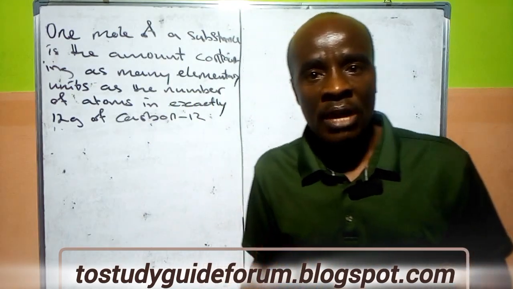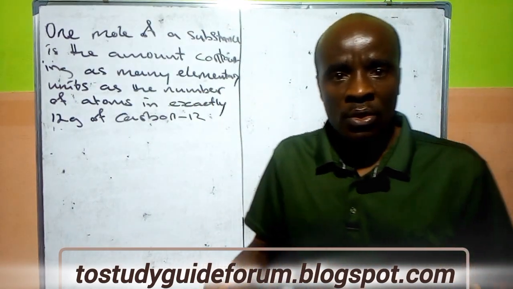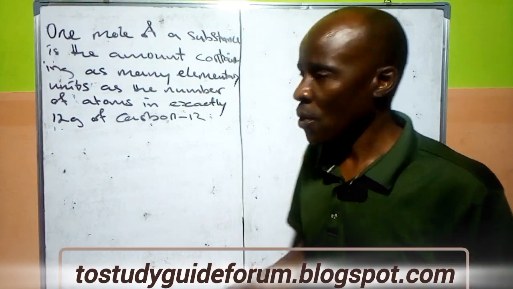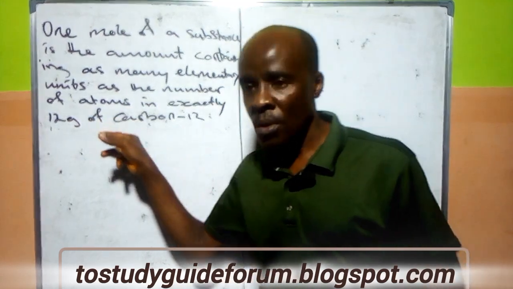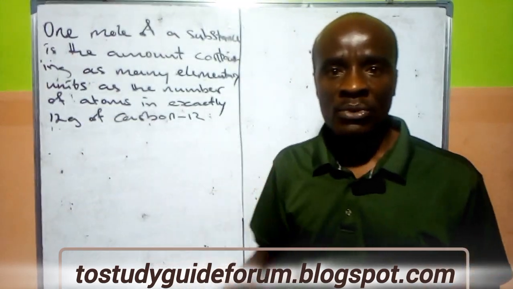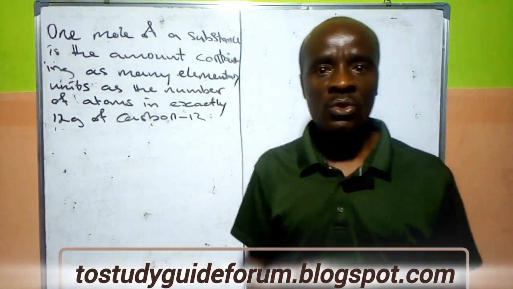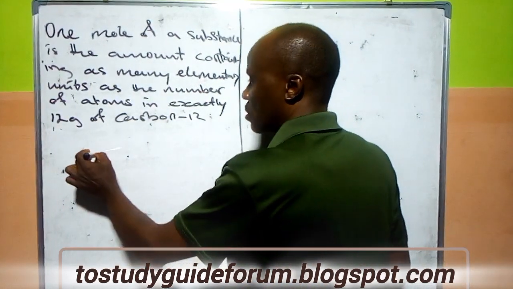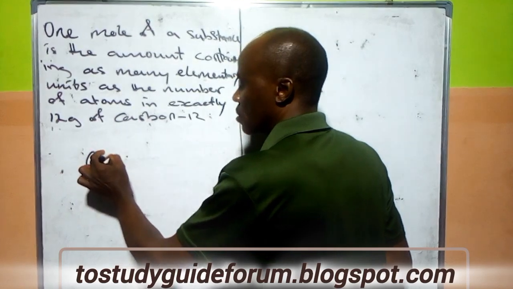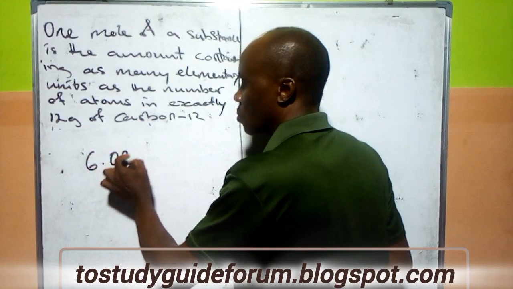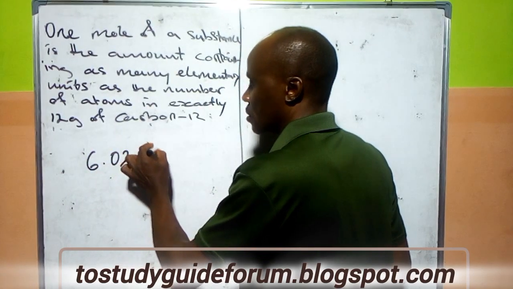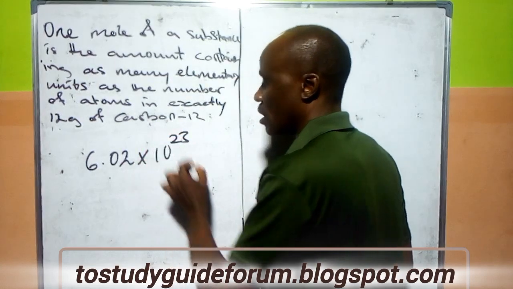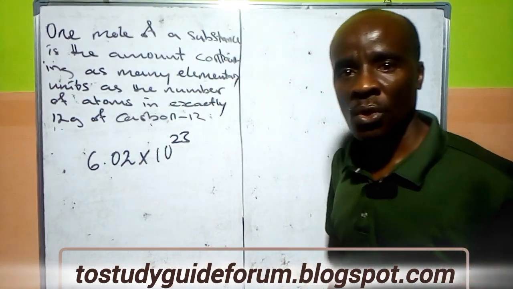Now, according to Avogadro's number, we are meant to understand that 12 grams of carbon 12 contains what we call Avogadro's number, which is 6.02 times 10 raised to the power 23.